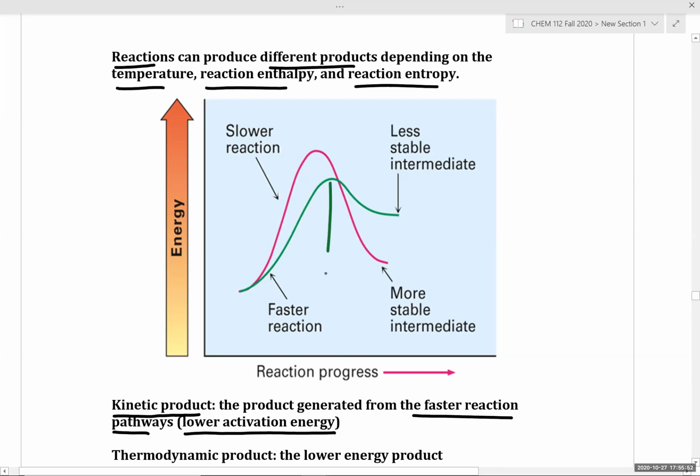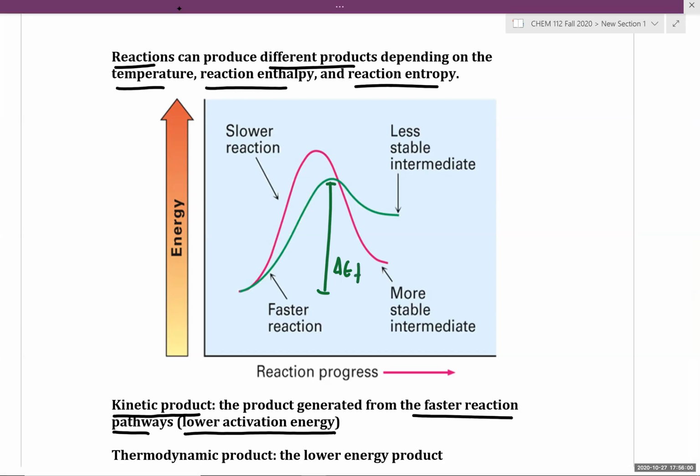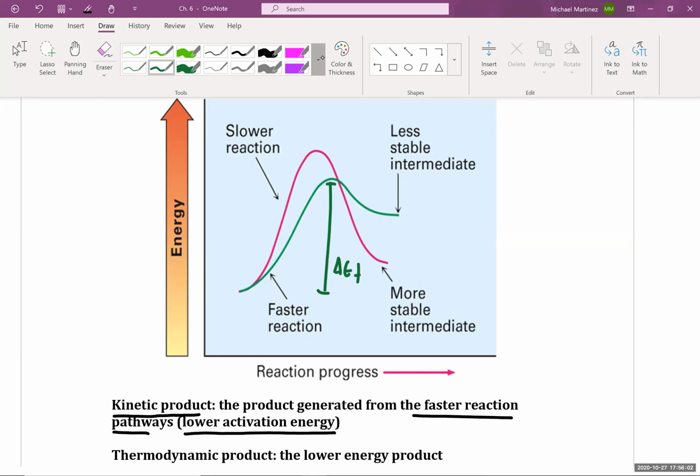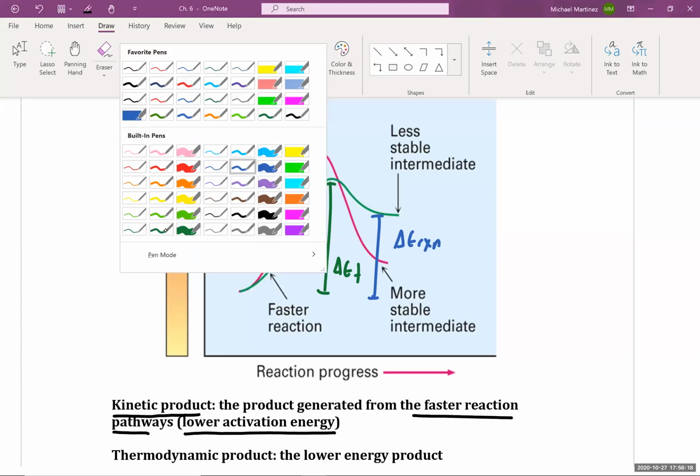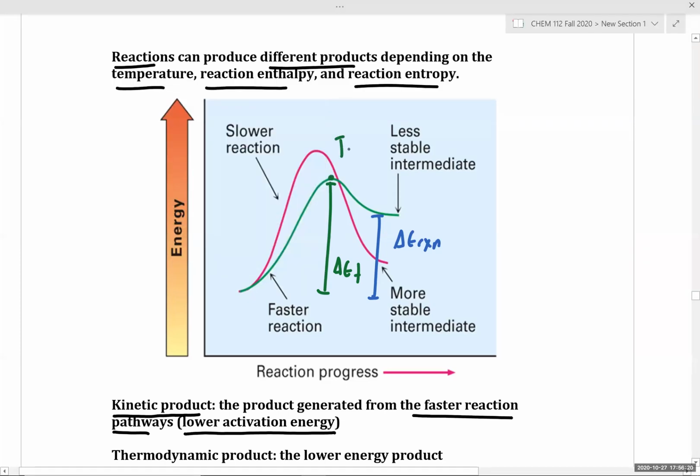So if we look at the pathway in green, we see it has the following Gibbs energy of activation, right? The pathway in green also has an overall reaction Gibbs energy as shown. Now, what do we care about in terms of reaction favorability? What do we care about in terms of reaction rate? Do we care about the overall Gibbs energy or the activation energy?